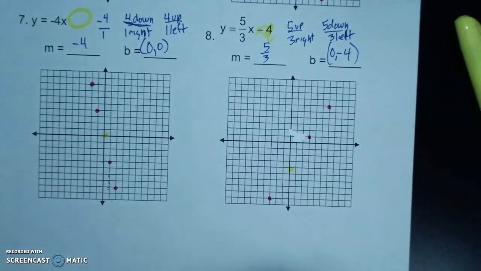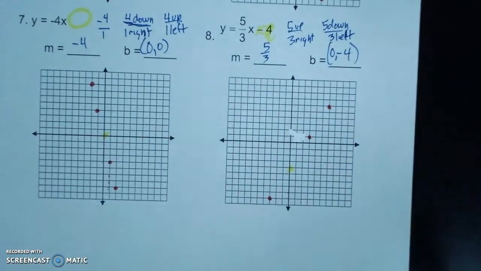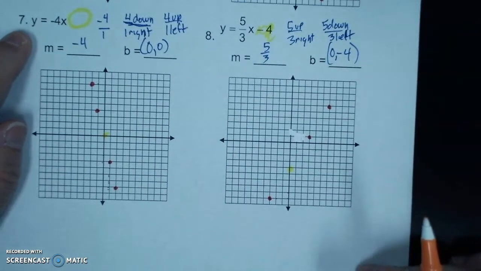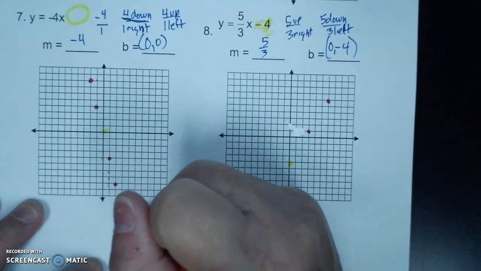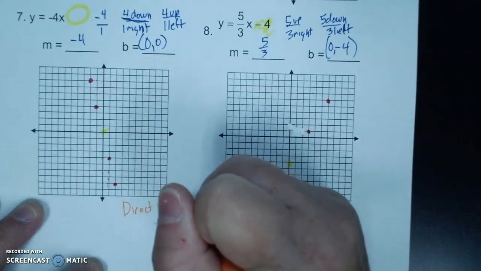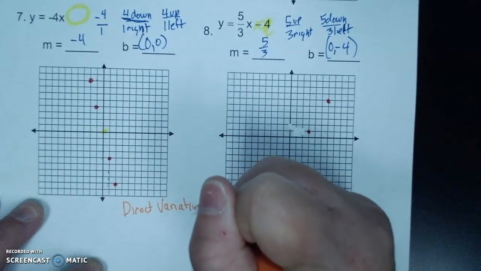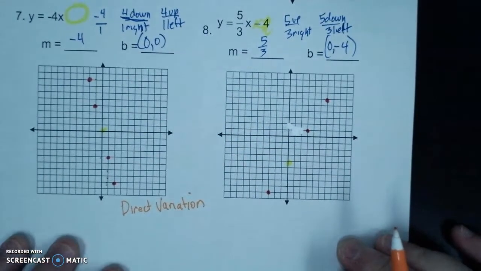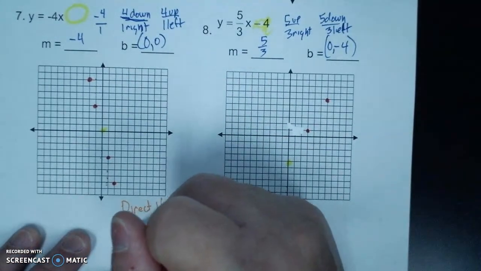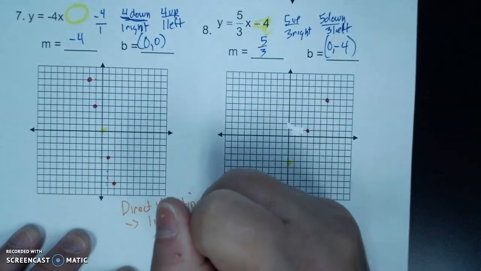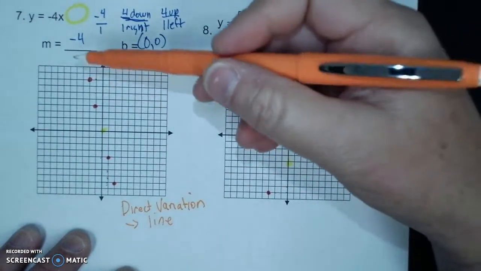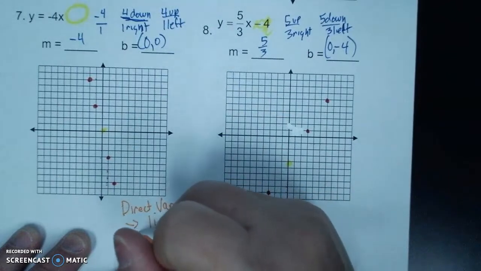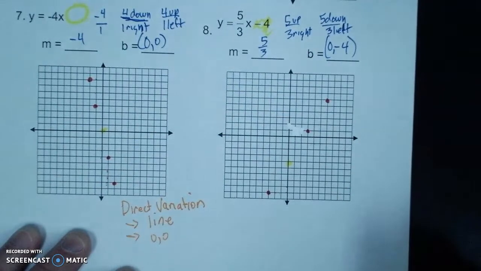Okay, so we're also going to bring back some information that this is a direct variation. Direct variations have 3 characteristics. 1, it's a line, which it is, it's in the form of a line. 2, it goes through 0, 0.